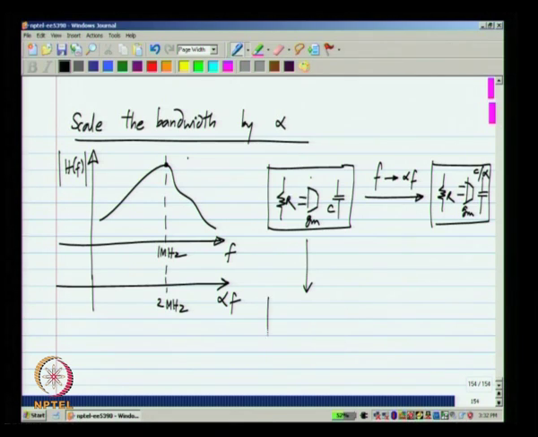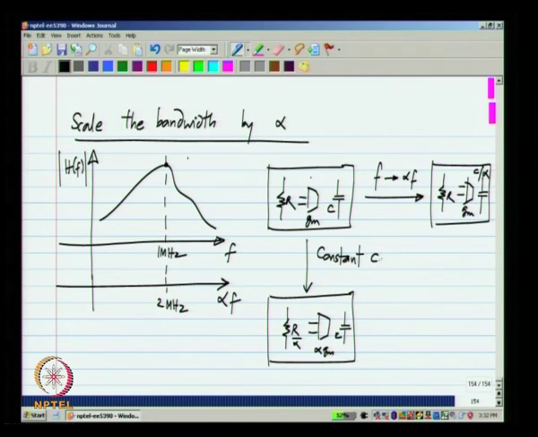Alternatively, reduce the resistance by factor alpha, increase the transconductances by factor alpha, and keep the capacitance exactly the same. Now, this is known as constant C scaling for obvious reasons.